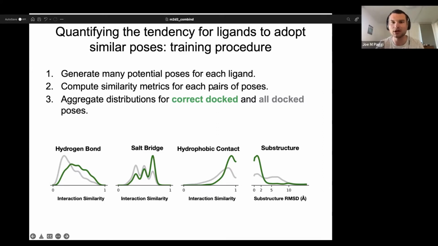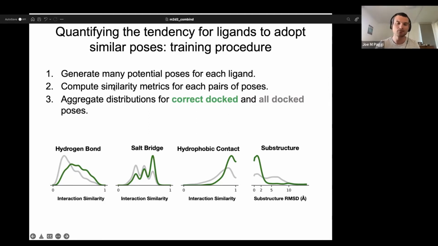These are things that we hand defined. For instance, we have a hydrogen bond similarity metric. Here we record the set of residues with which the ligand is forming hydrogen bonds, and then ask, for the pair of poses, to what extent this set of residues overlaps. What you're seeing here is a Tanimoto coefficient with some pseudo counts added to make it well defined when we had zero interactions.